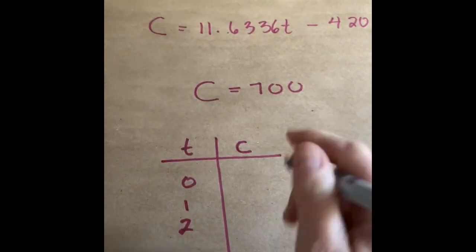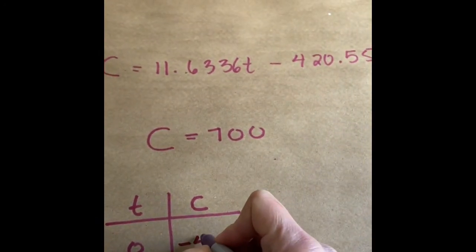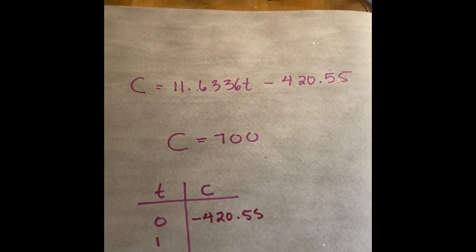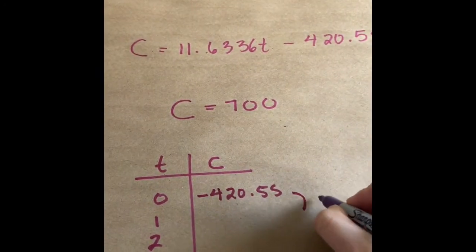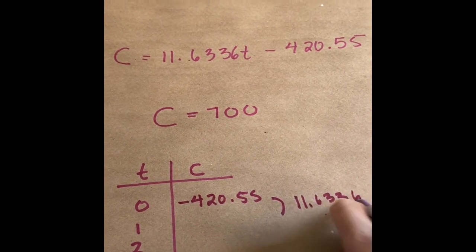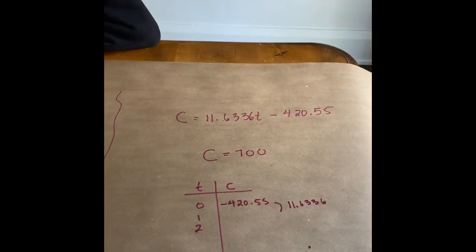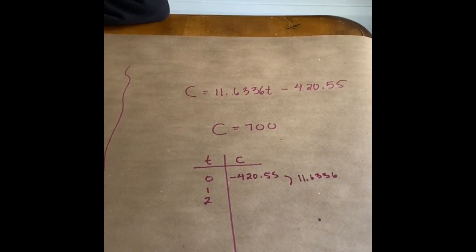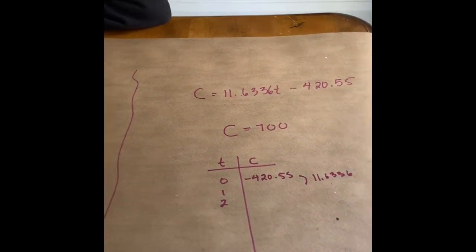We know that at the beginning, there should be negative 420.55 customers. We know that my table is jumping by 11.6336. I want to know how many times I need to jump up 11.6336 to finally get to 700 customers. So I could use trial and error.